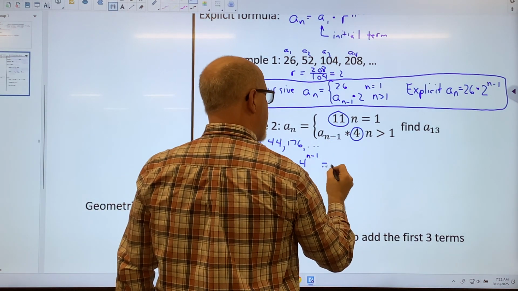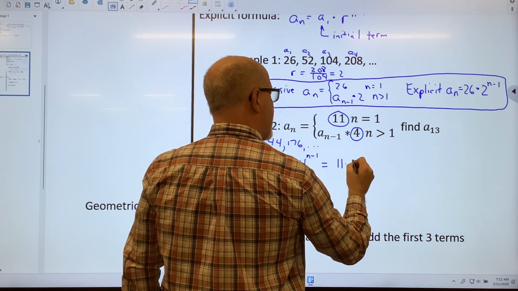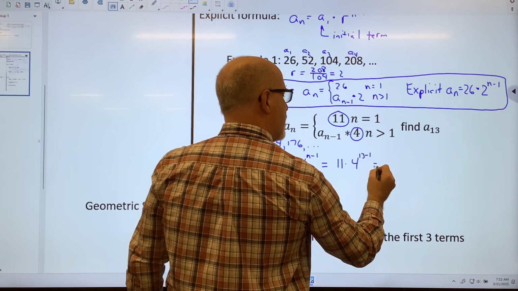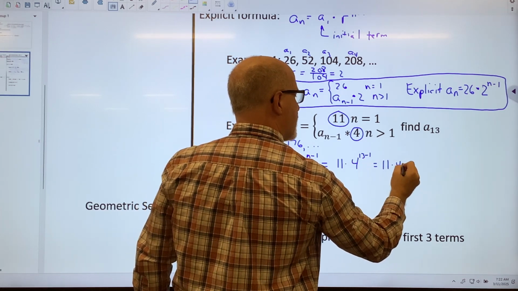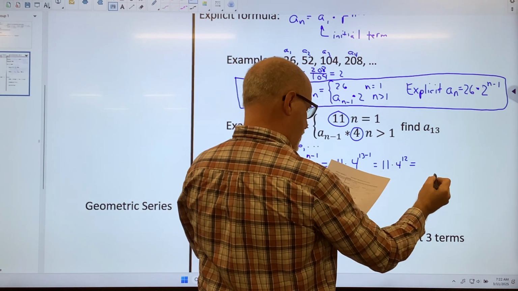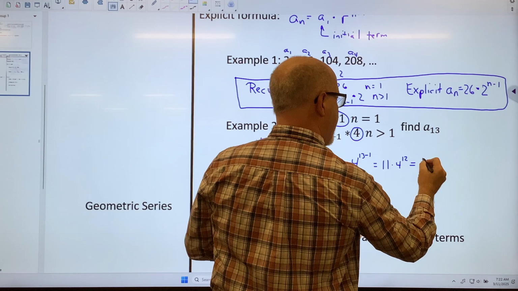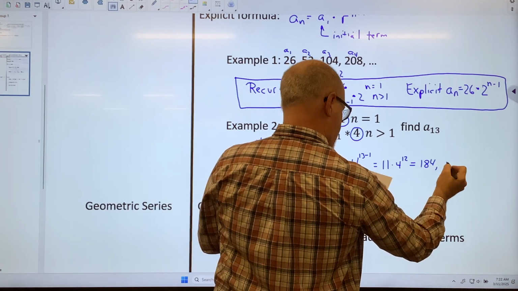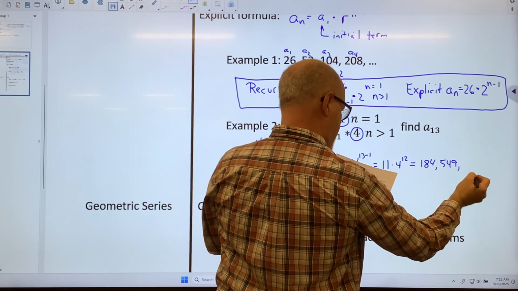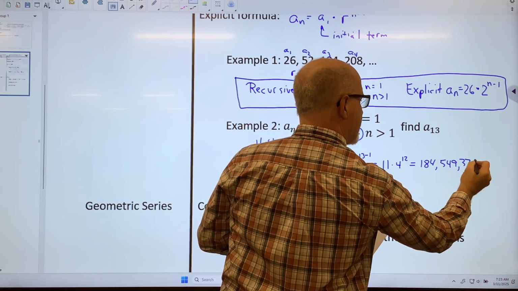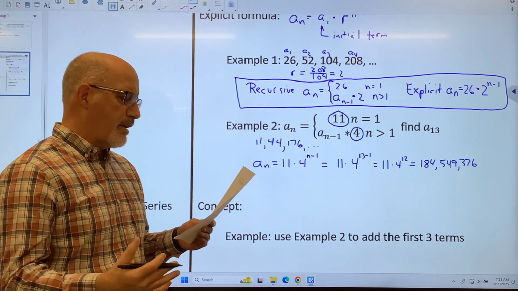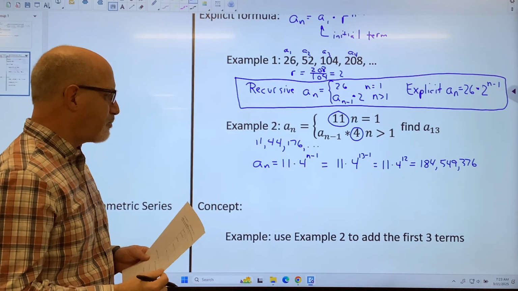To find the 13th term, I'm going to do 11 times 4 to the 13 minus 1 power, which is 11 times 4 to the 12th power. When I do that calculation, I'm going to get 184,549,376 for an answer. So that's a way to jump to that term by using the explicit formula.